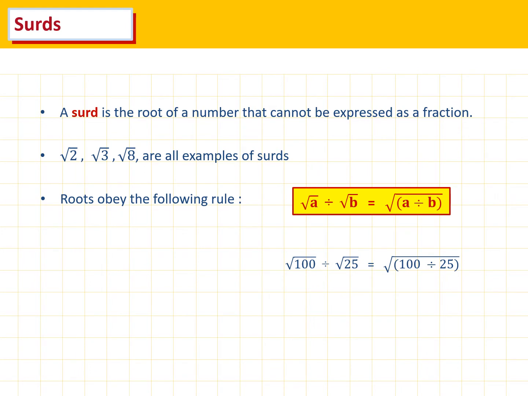Let's see. Well, the left-hand side, square root of 100 divided by square root of 25 would equal, on the right hand side, the square root of 4. Now the left hand side would be 10 divided by 5, and that is indeed 2. Therefore it does obey that rule.